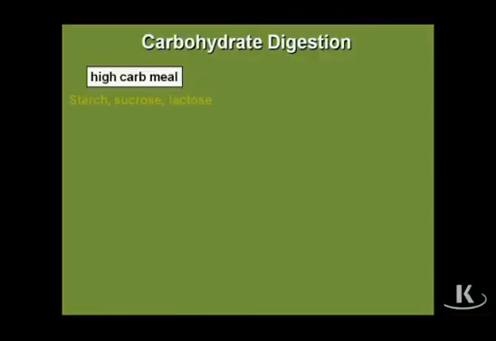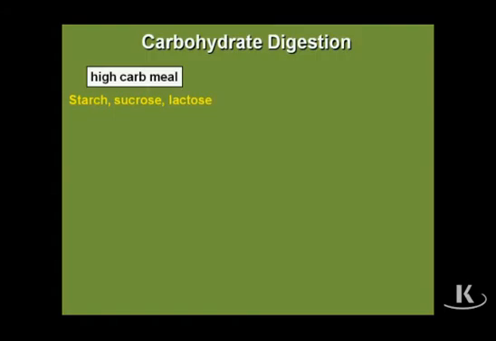Most of it is made up of starch, which is glucose alpha-1,4 glucose, alpha-1,4 glucose, alpha-1,4 glucose, and every so often there might be an alpha-1,6 linked glucose. That's what starch is, made up of amylose and amylopectin in lots of the wheat and barley and rye that we all eat.